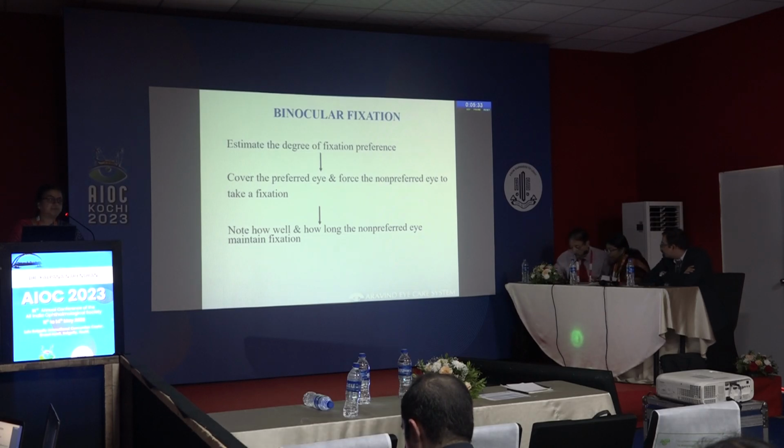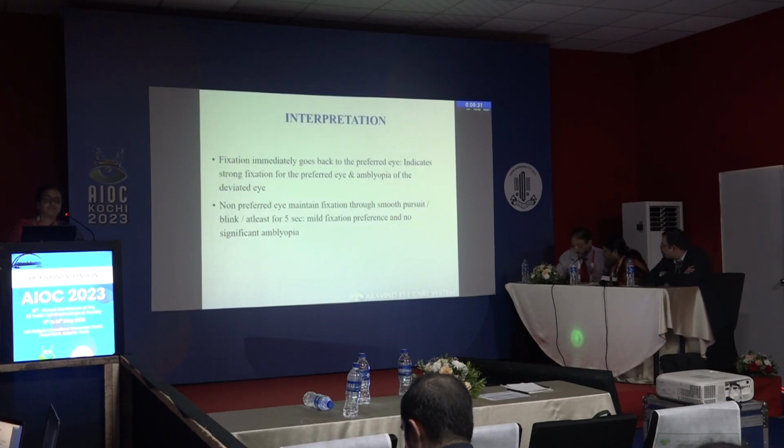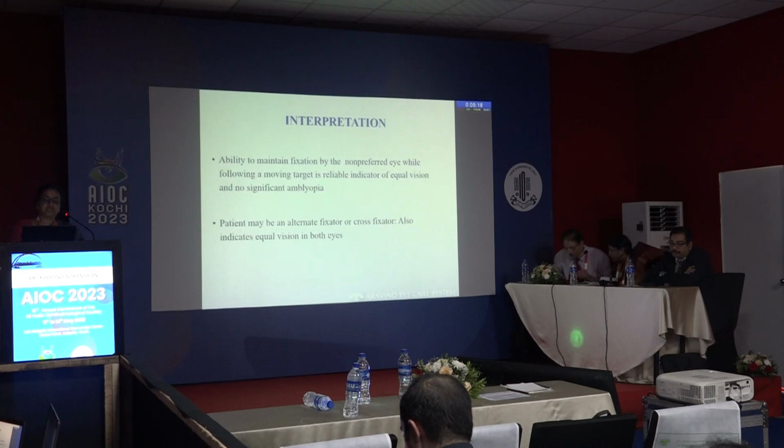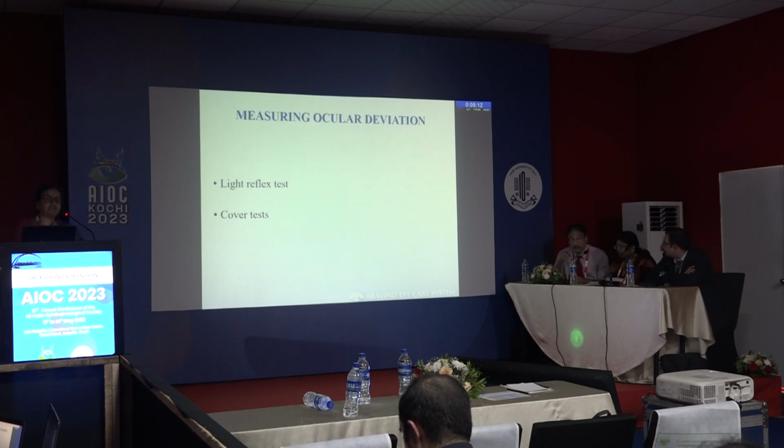So all that is for binocular fixation. So this is again the interpretation. If the fixation immediately goes to the preferred eye, it indicates that there is a strong fixation of the preferred eye and there is probably an amblyopia in the deviated eye. So this is what the interpretation would be for the fixation. So strong fixation alternating. If the deviation, then think of an underlying amblyopia or some fundus pathology.